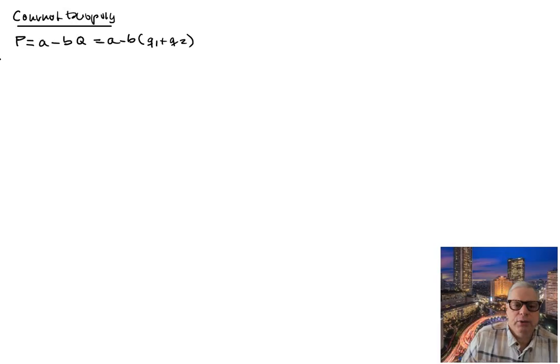Now let's take a look at each player's profit maximizing condition. Let's begin with duopolist 1.